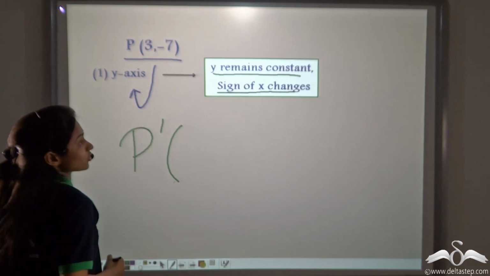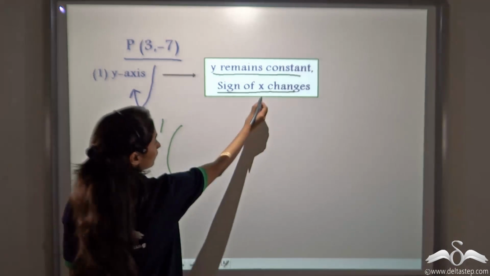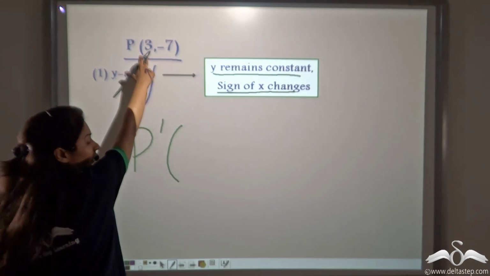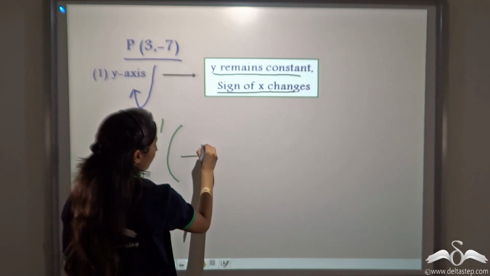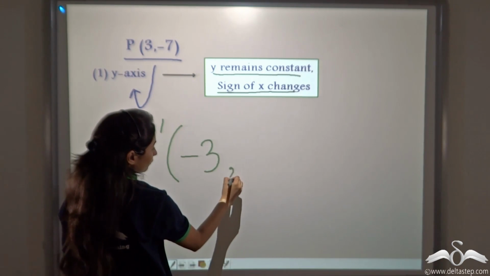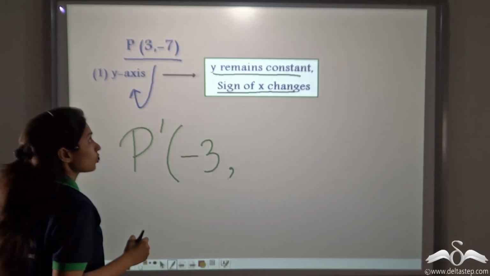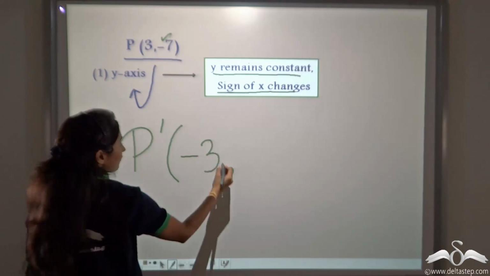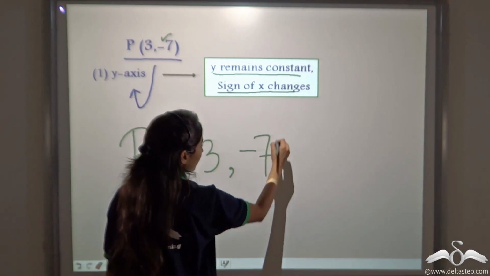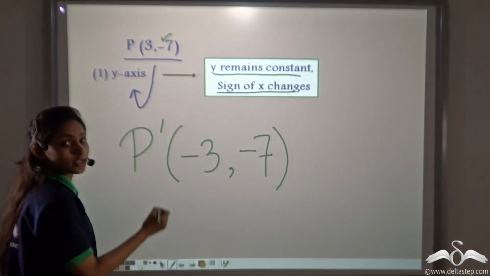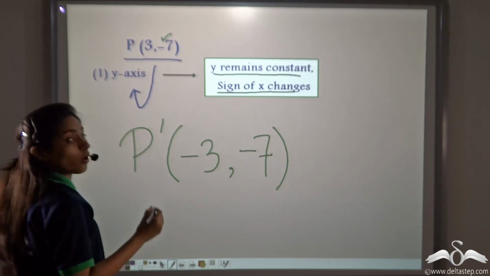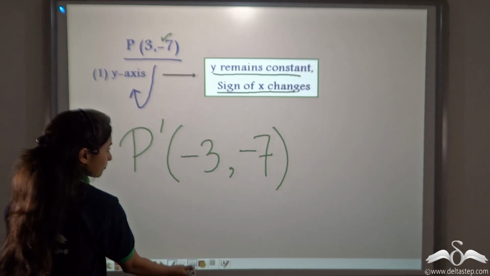What about the x coordinate? Yes, the sign will change. Here it is 3, so we'll change the sign to minus 3. And y remains constant, so minus 7 will come exactly like the question. So this is the reflection of P on the y-axis.